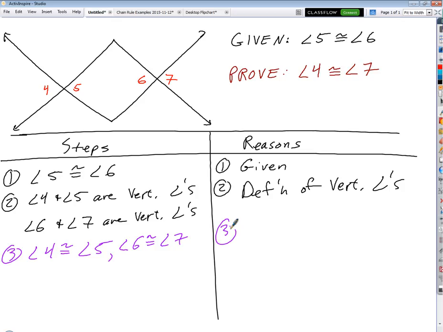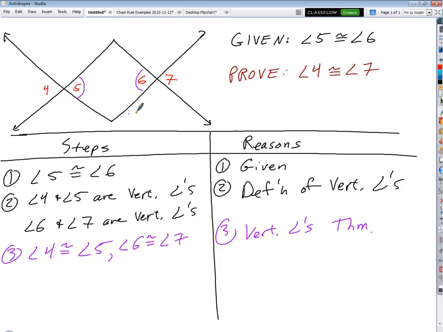Vertical angles theorem, which just says all vertical angles are congruent. So okay, look what we've done here then. We've said that these two are congruent, right? Those two are congruent to each other, and those two are congruent to each other, right? So what can we do?